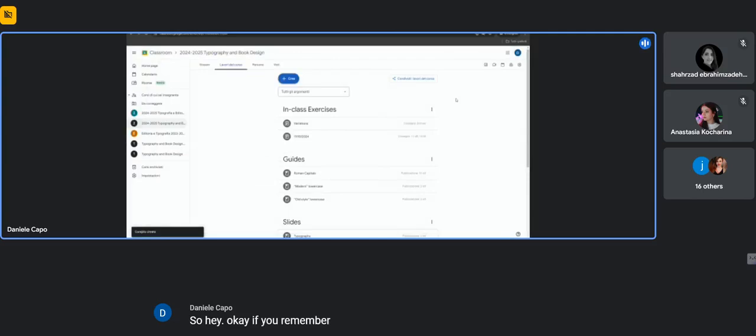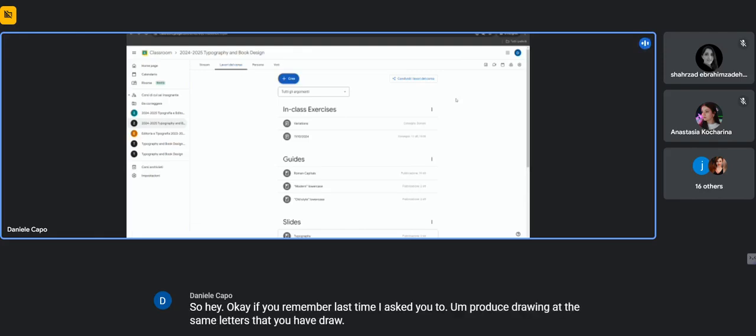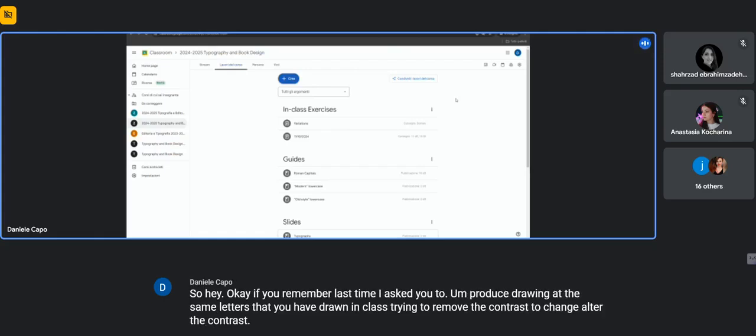Okay, if you remember, last time I asked you to produce a drawing of the same letters that you have drawn in class, trying to remove the contrast, to alter the contrast. I don't know, do you remember this?